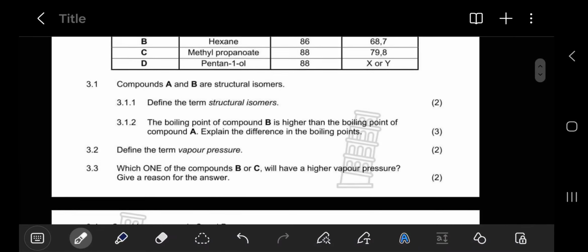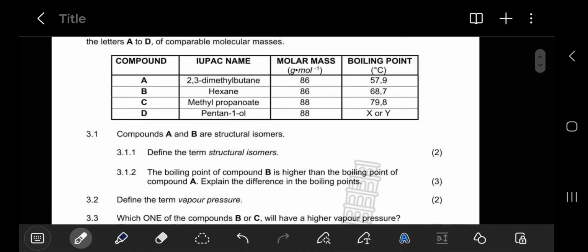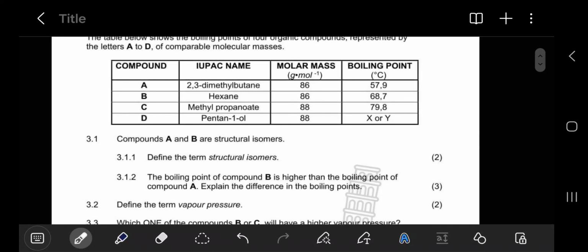3.1.2 says the boiling point of compound B is higher than the boiling point of compound A. Explain the difference in the boiling points. So if we look at compound B, I had mentioned that compound B is a straight chain alkane and compound A is a branched alkane. Now what we know is that the more branched a compound is, the smaller its surface area.